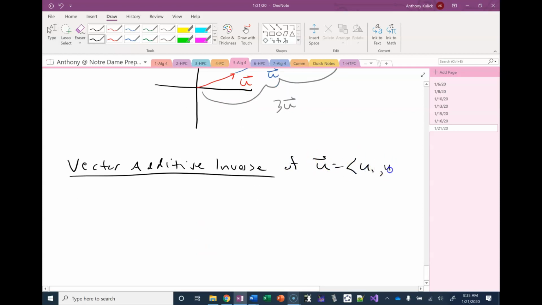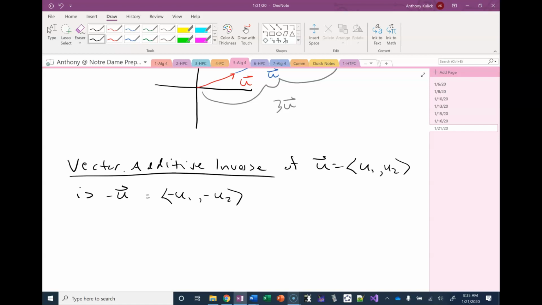So if I have the vector u, then the additive inverse would be -u1 and then -u2, right? How am I going to denote that vector? I'm going to write it as -u. Because what other number is there out front with it that is there but we didn't write down?